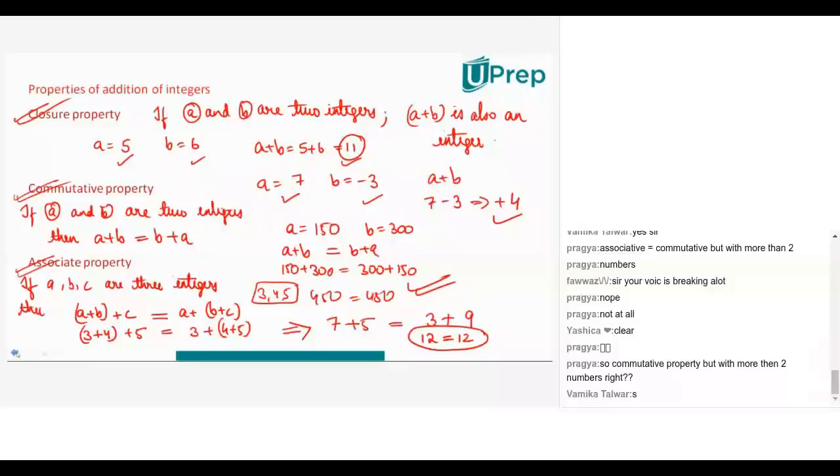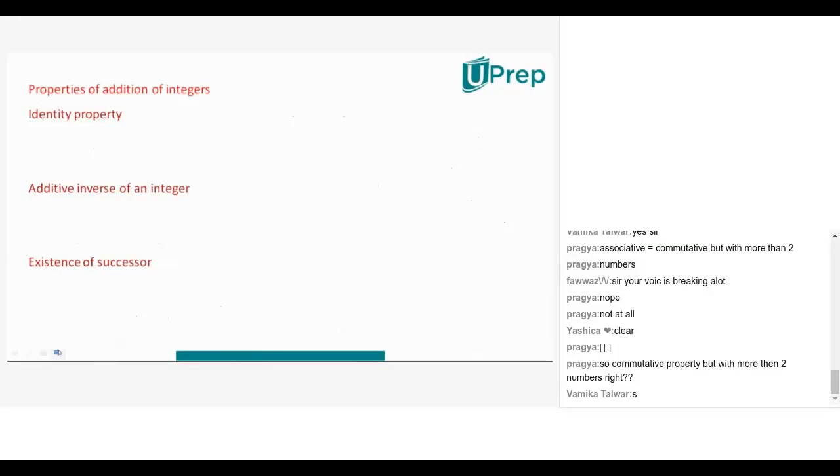Pragya, can you put the last slide? Okay. Pragya, can you tell us what the identity property is till then? I'm not pretty sure what identity property is, but I can give it a try. Yes, go ahead. I think identity property means the numeric value of the number regardless of its sign. Okay.